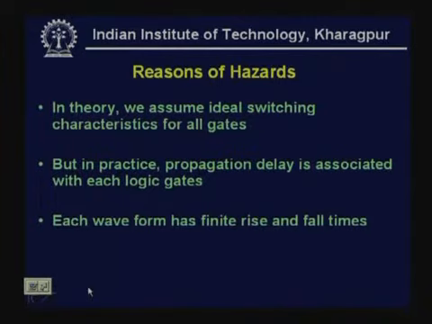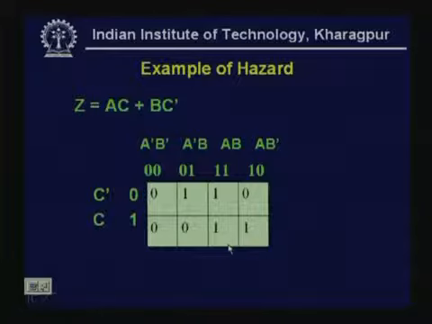Now for this reason, as each gate is taking some time for its execution, or what we have defined as a delay, sometimes this creates a problem in real life circuits. Let us take an example of hazards.